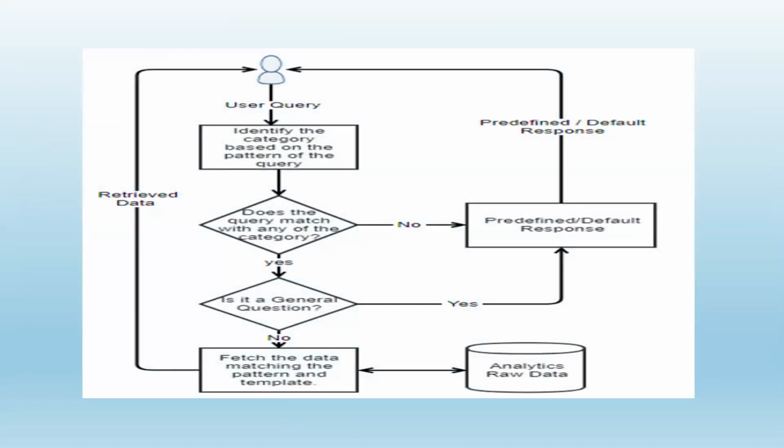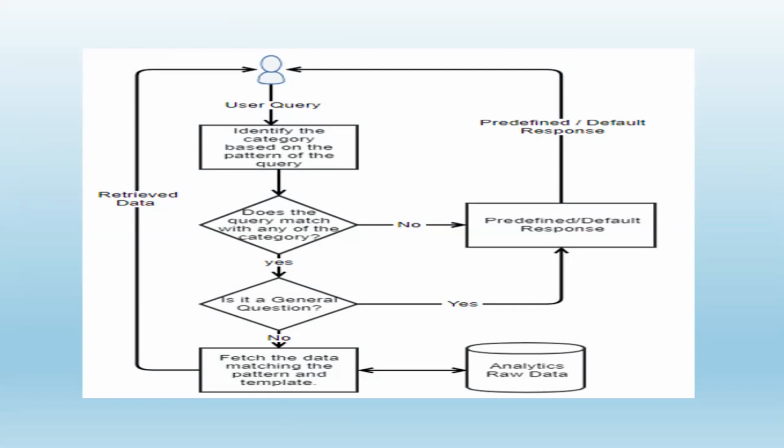As I said previously, the scenario is explained in this flowchart. Let us consider the user query. The user wants to give a query. That query is identified, based on which category it is, and based on that it is going to classify them. If it doesn't match any of the categories, then it moves towards the predefined or default response and gives the response to the user.